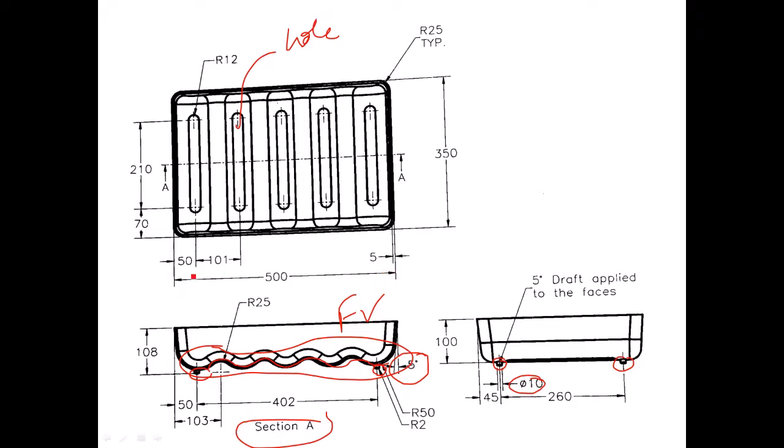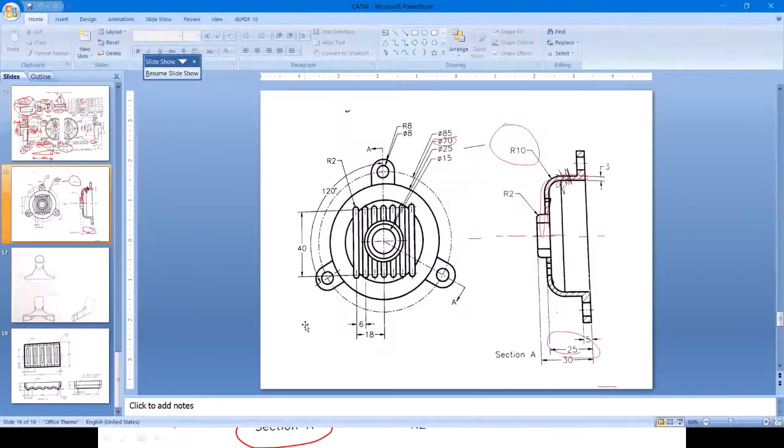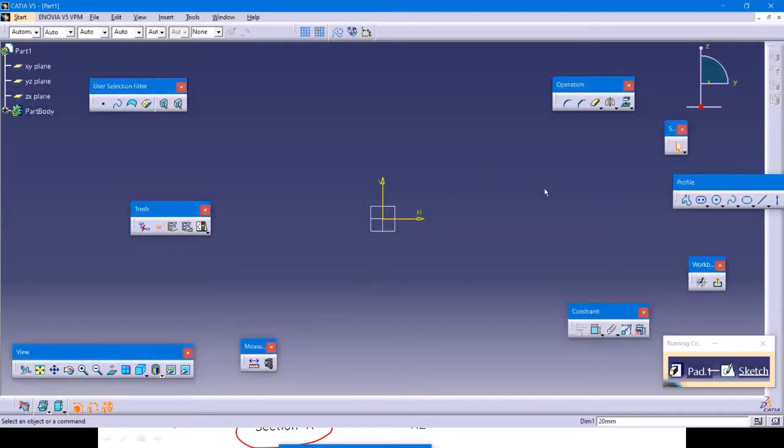The height is 108 and the width is 500 here. Okay, and the total length is 500. Height is 108, no, not 108. It is 100 mm. Okay, so 108 is including the supports here. Now height is 100, length is 500, okay, and width is 350.